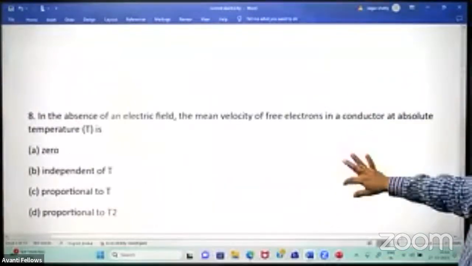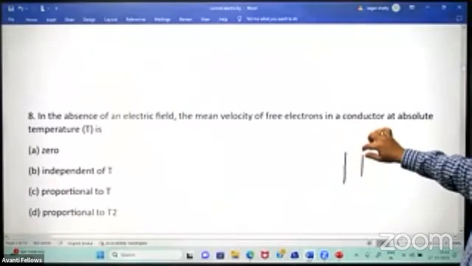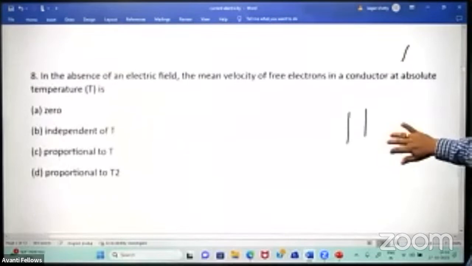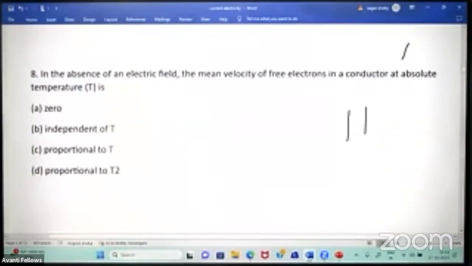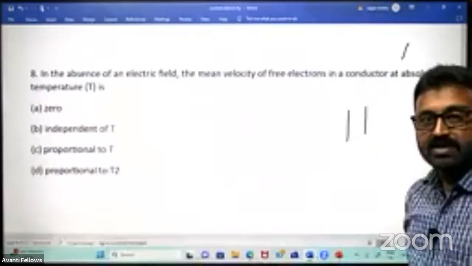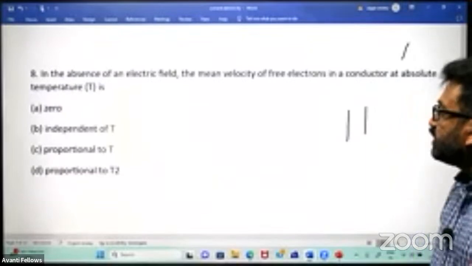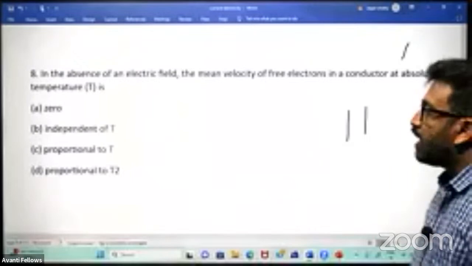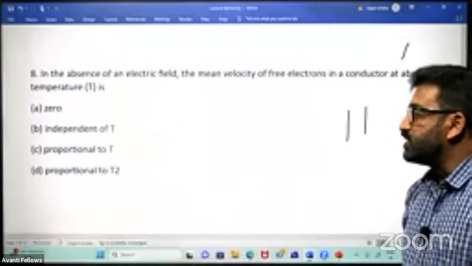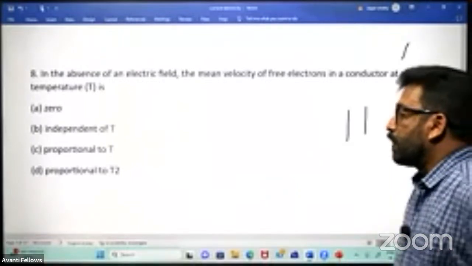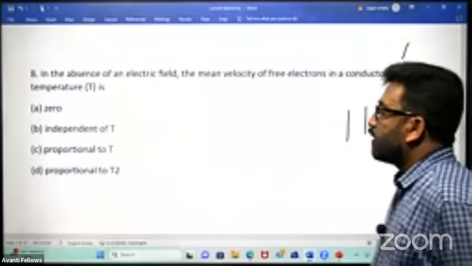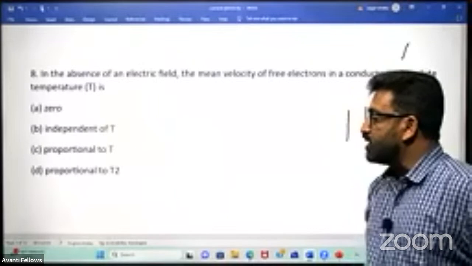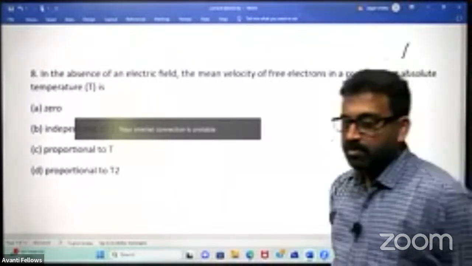Now, in the absence of an electric field, the mean velocity of free electrons in a conductor at the absolute temperature T: zero, independent of T, proportional to T square.